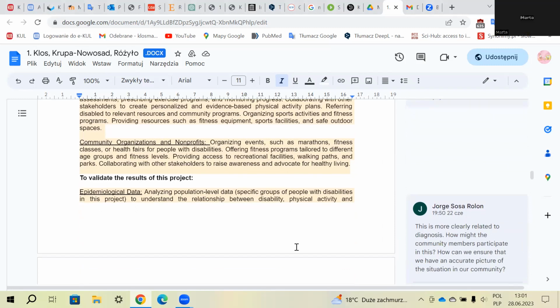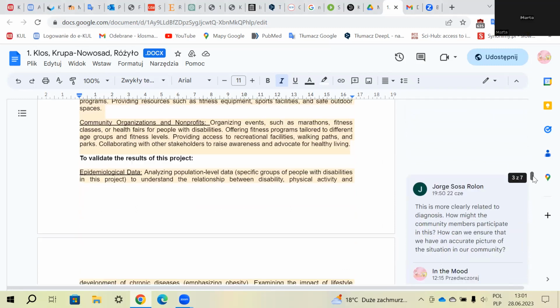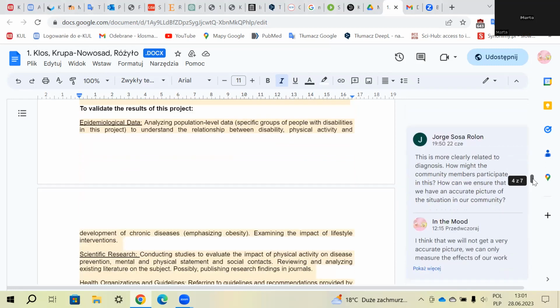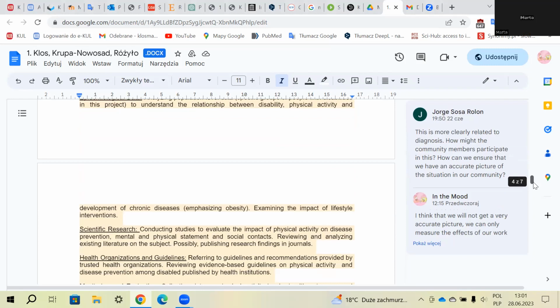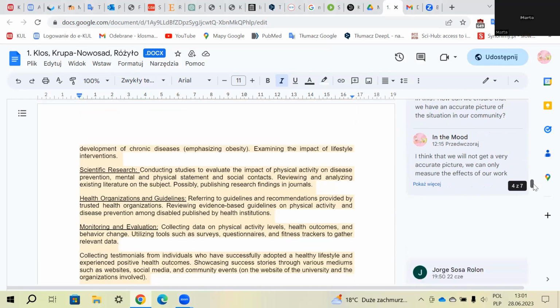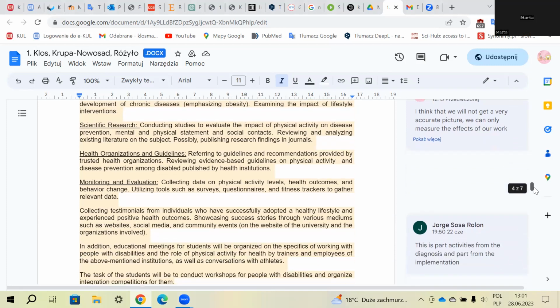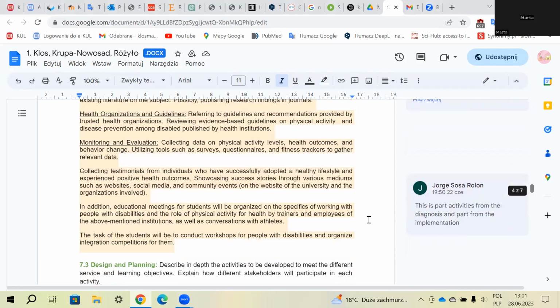Okay. So to validate the results of our project, in each point we have epidemiological data, scientific research, health organization guidelines, monitoring and evaluating. So we need to collect data like questionnaires or some other forms to see physical activity levels.